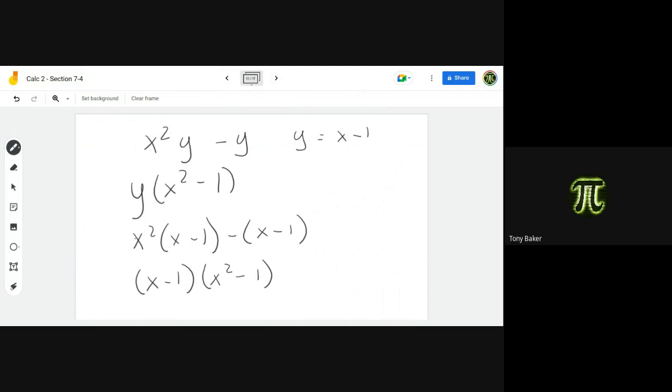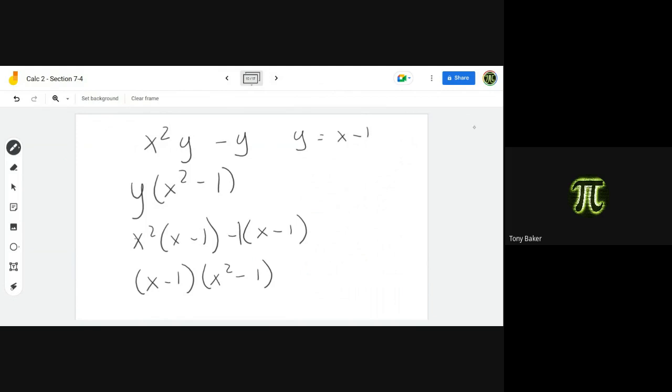Does that make sense, Eugene? You can still factor out a parenthesis. It's just multiplication. So you're pulling out an x minus 1.